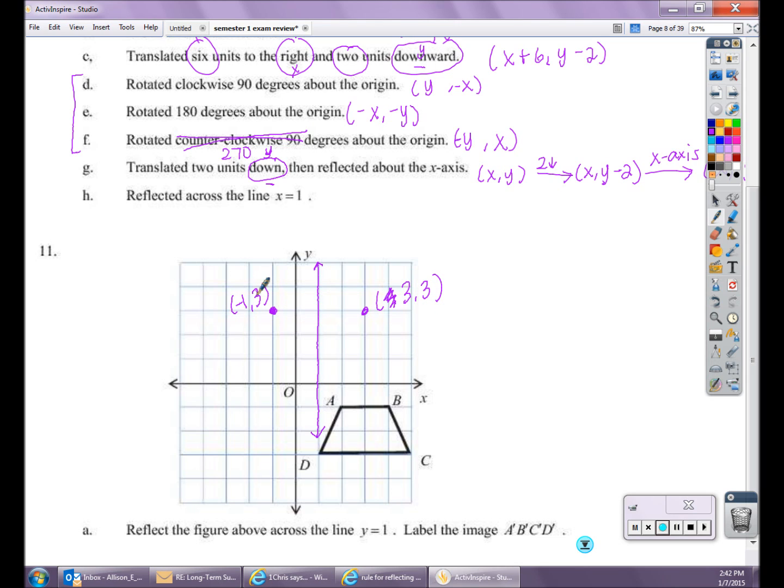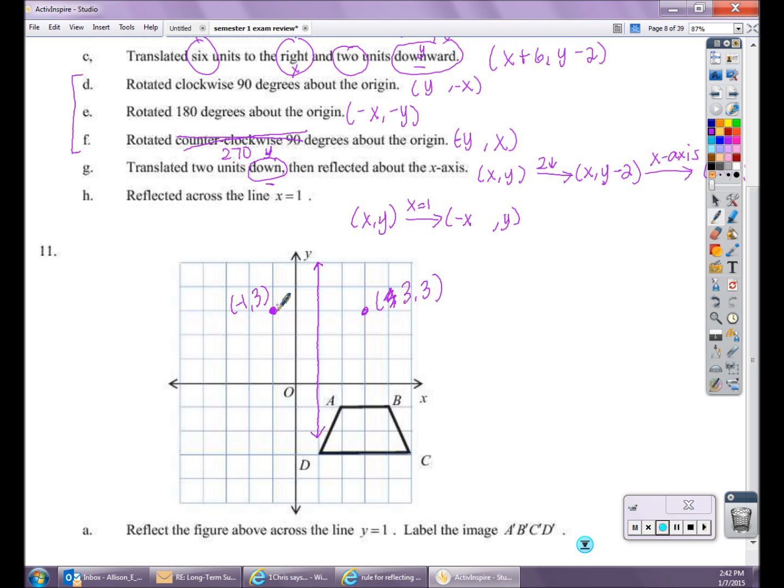All right, and I think to myself, how in the world do I get that? So the first thing I notice is the y stays the same. So if you are reflecting across x equals 1, my y is definitely going to stay the same. Like I said, it's sort of like reflecting across the y-axis. So I'm going to change my x so it's opposite. Reflecting across the y-axis, y stays the same, x changes.